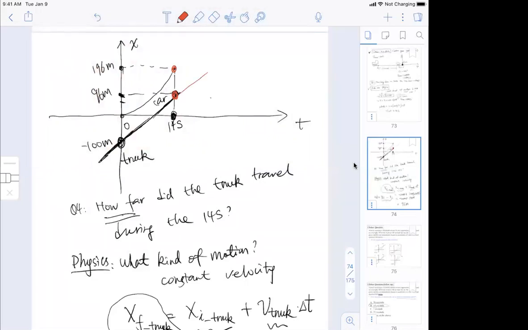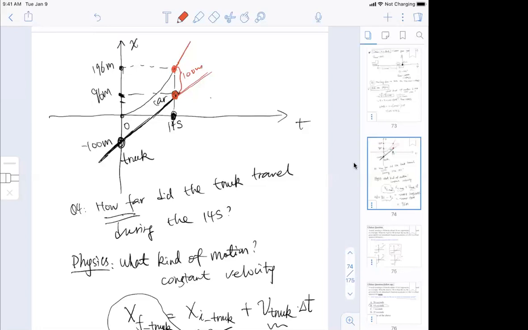The car cannot speed up anymore. The car will travel with a constant velocity after 14 seconds, and the truck continues with its velocity. Take a look at how far the truck is behind the car right now. At 14 seconds, the truck is still 100 meters away from the car.